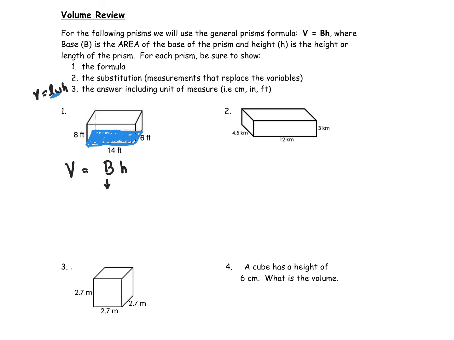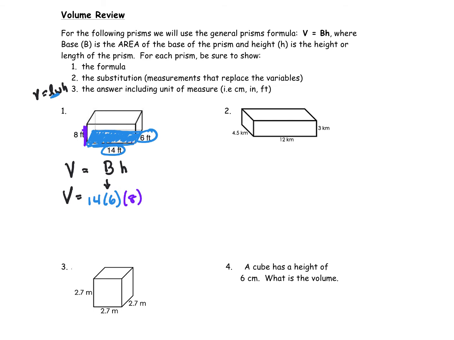So we're going to need to take 14 times 6. So we are taking the length times the width. And then we want to use the height, which in this case comes off the ground. So that's 8. So our volume formula and our substitution for this particular rectangular prism is 14 times 6 times 8.